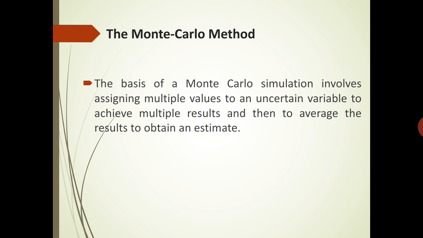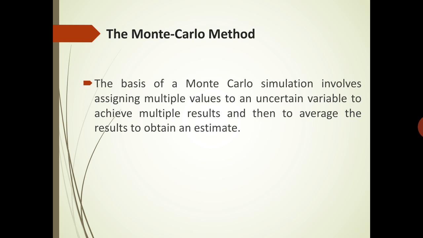The model is then run and a result is provided. This process is repeated again and again while assigning the variable in question with many different values. Once the simulation is complete, the results are averaged together to provide an estimate.